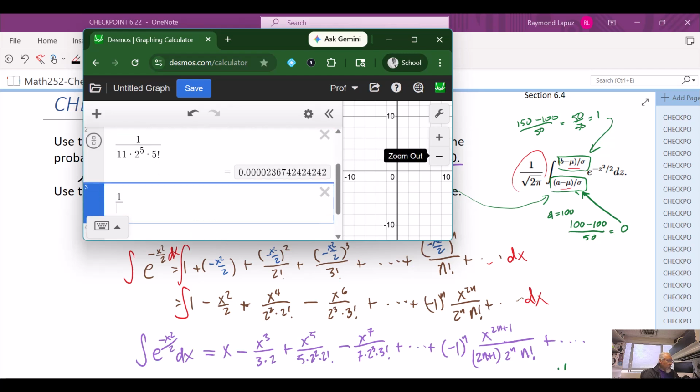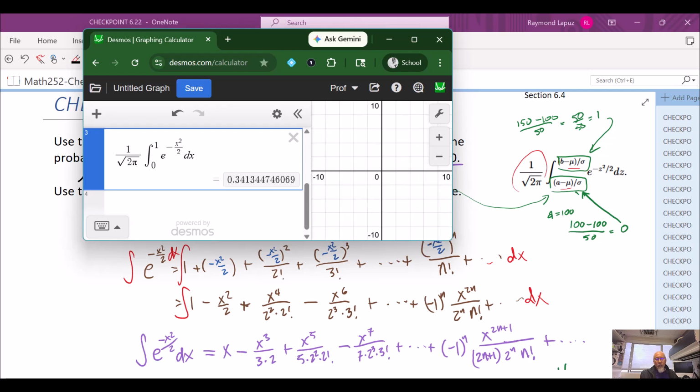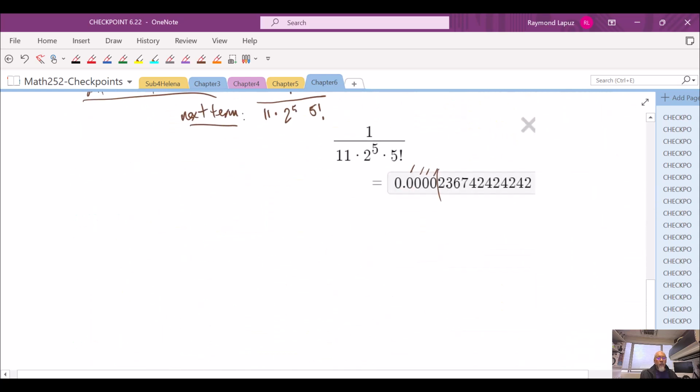So we have 1 divided by the square root of 2 pi, and then we want the integral from 0 to 1 of e raised to the negative x squared divided by 2 dx. And this is the actual value that we have for the integral. This is as exact as however many digits are showing. And if we compare it with what we got earlier, this would be a good comparison.